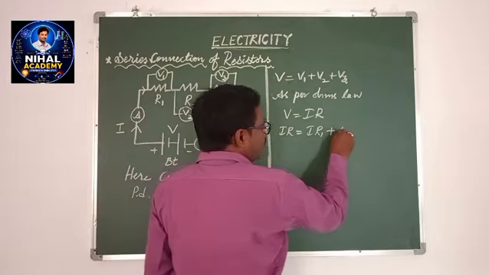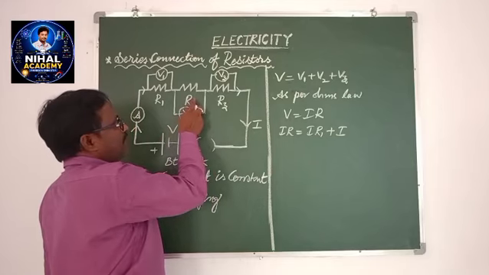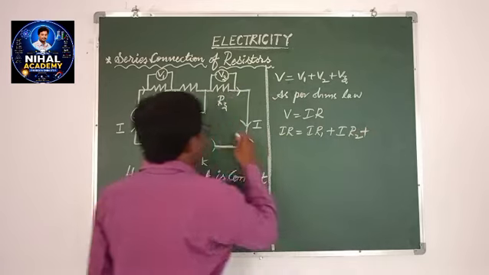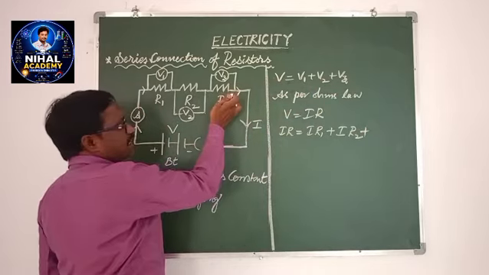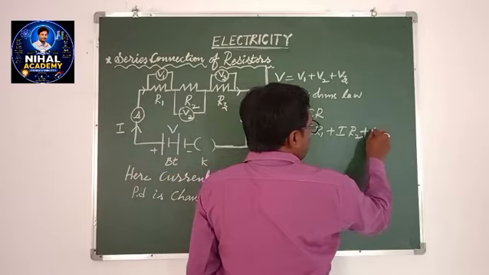Here the same current I, and the resistance is R2, so IR2, plus the potential difference V3 at the third resistor, with current I and resistance R3, so IR3.